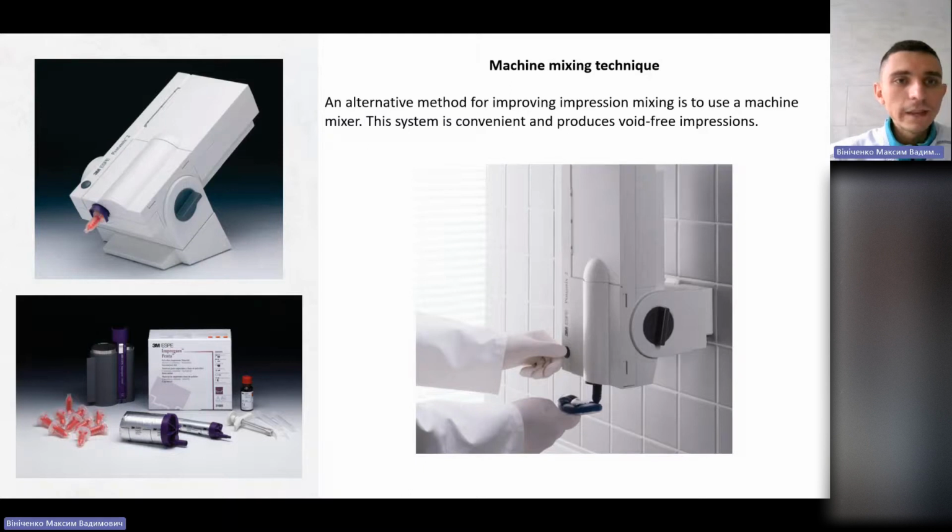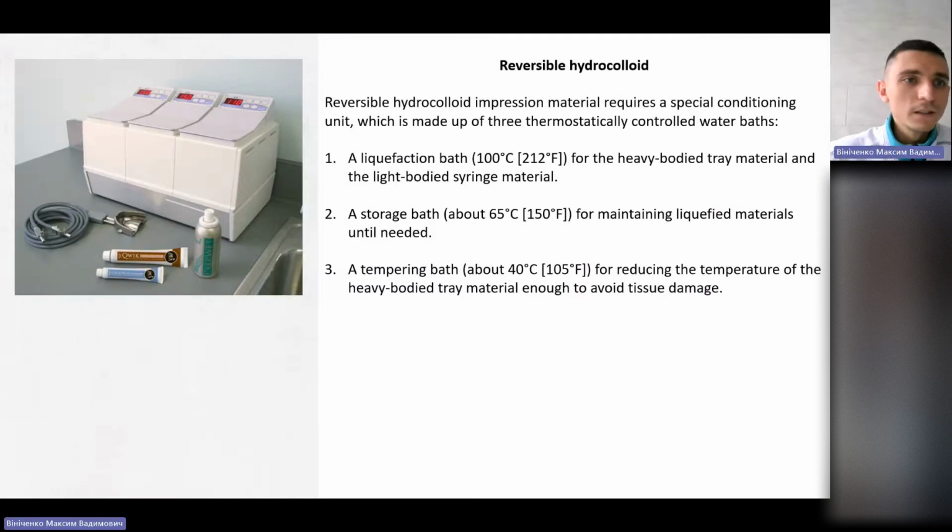So as you could see, an alternative method for improving impression mixing is to use a machine mixer. This system is convenient and produces void free impressions. Reversible hydrocolloid, if you don't use it, you could just see what it looks like. There is a special tray with this water system.